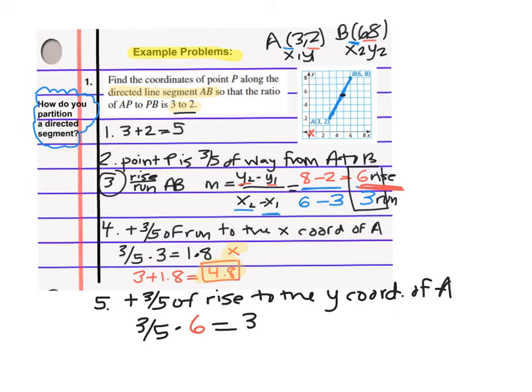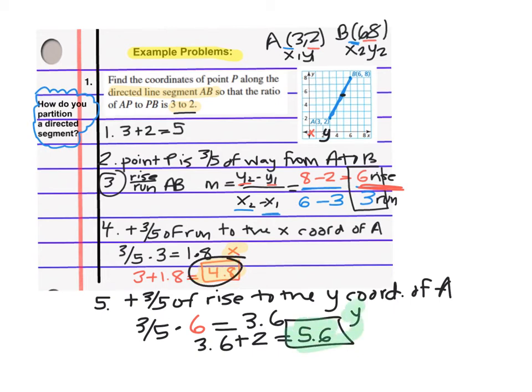I get 3.6. I'm going to add 3.6 to the y coordinate of A, which is 2. So 5.6 is my y coordinate. So my final answer is (4.8, 5.6). That is where point P will be located. That's the point that is 3/5 of the way from A to B.